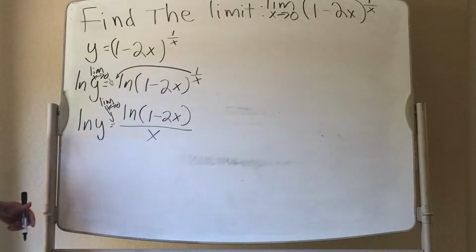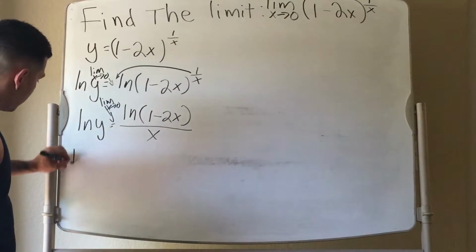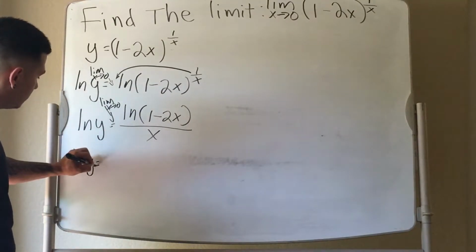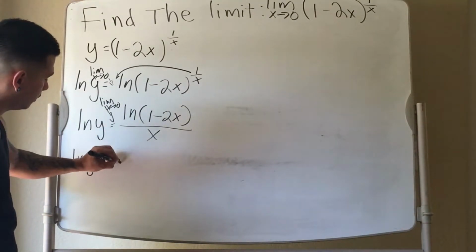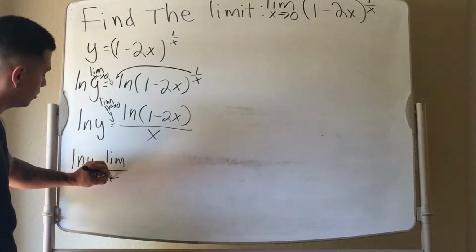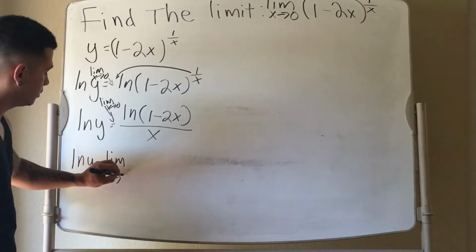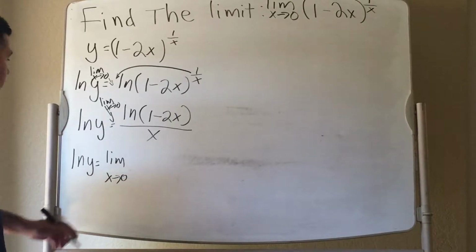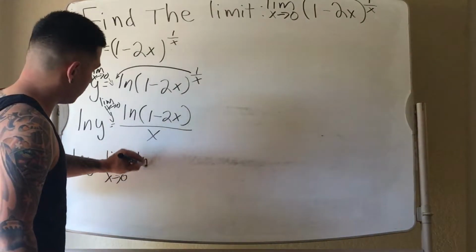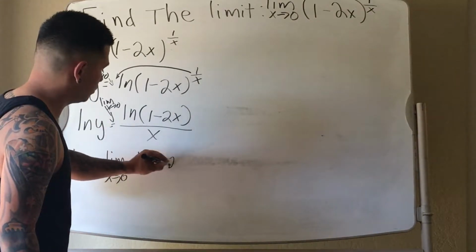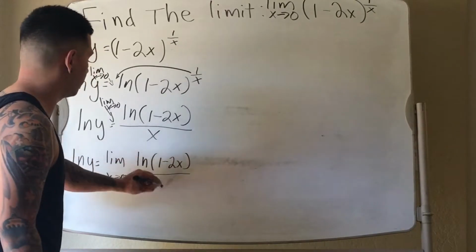So ln y is equal to the limit as x approaches 0 of ln(1 minus 2x) over x.